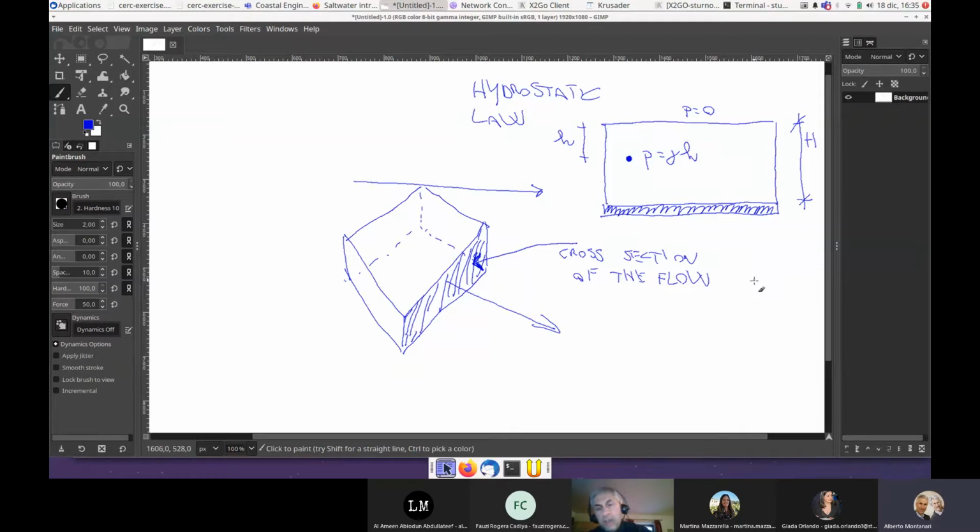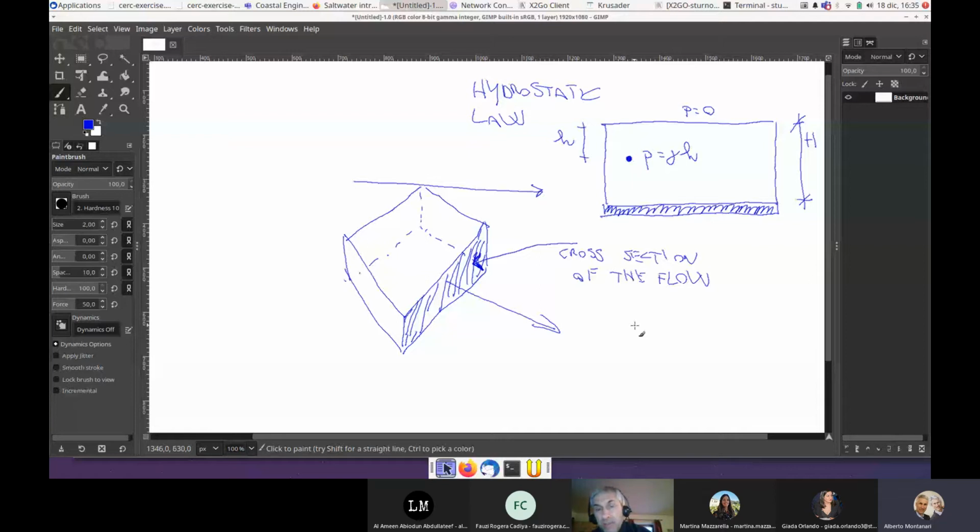Now, if we want to express the energy of this particle, let's suppose that we neglect the kinetic energy because the flow is very slow. So the component of the energy related to the fact that this particle of fluid is moving is negligible, and we reduce to the potential energy.